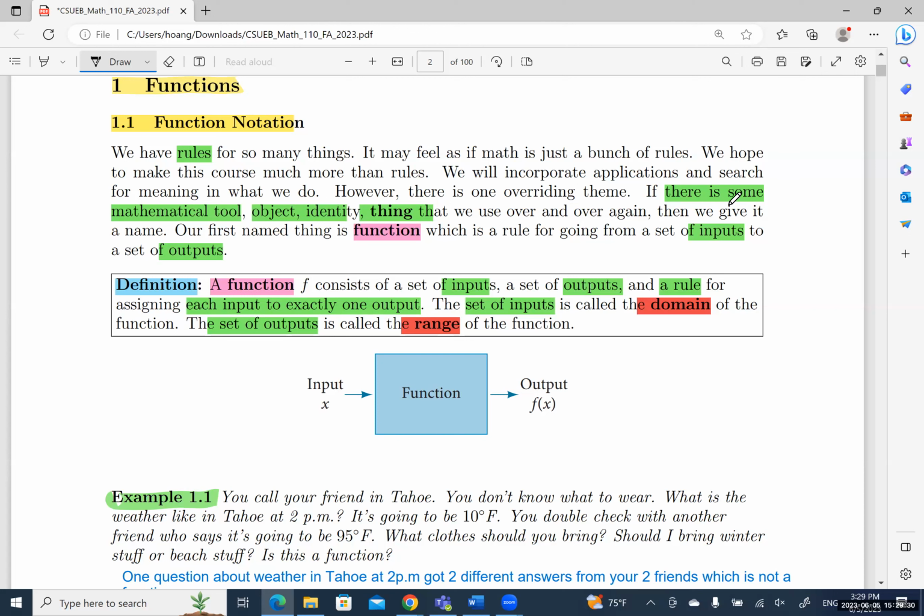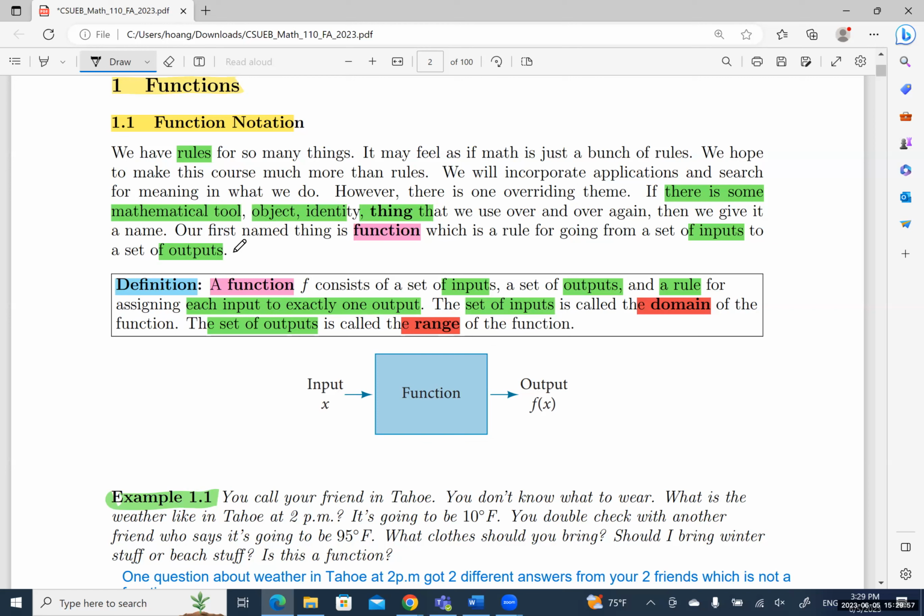If there is some mathematical tool, object, or identity that we use over and over again, then we give it a name. And our first named thing is functions, which is a rule for going from a set of inputs to a set of outputs.